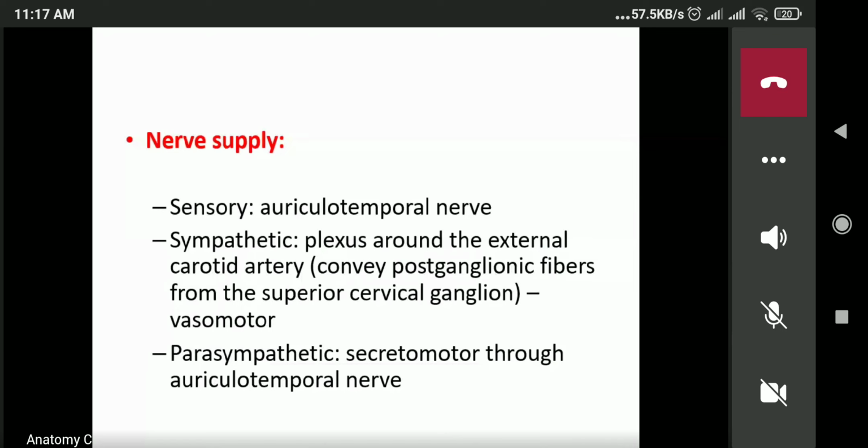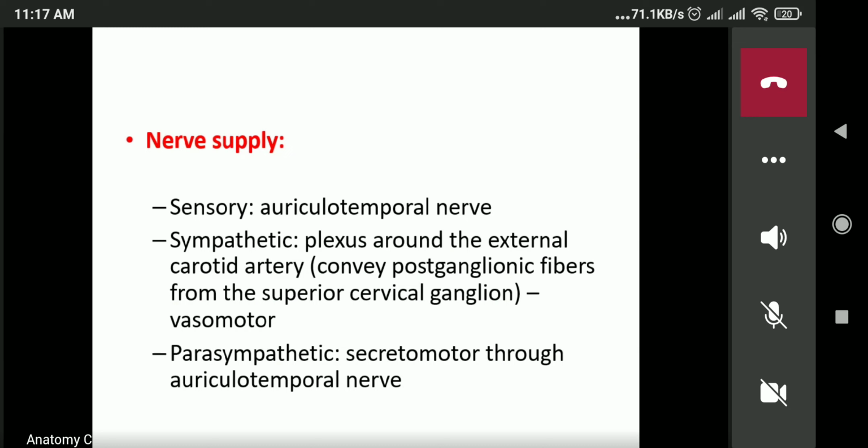Another important aspect of the parotid gland is the nerve supply. Sensory supply is by the auriculotemporal nerve, a branch from the mandibular division of the trigeminal nerve. Sympathetic supply is by the plexus around the external carotid artery that conveys the postganglionic fibers from the superior cervical ganglion, and it acts as a vasomotor.